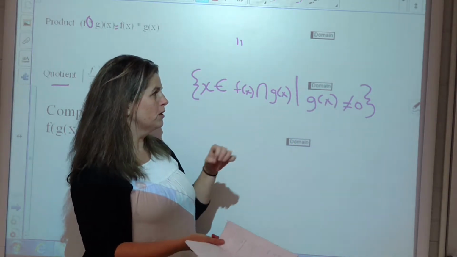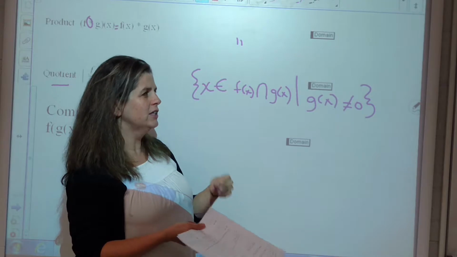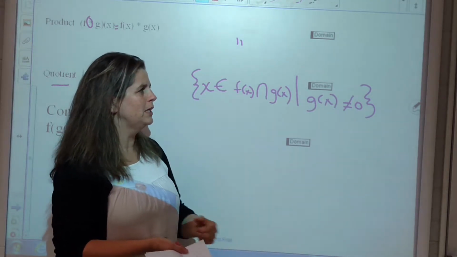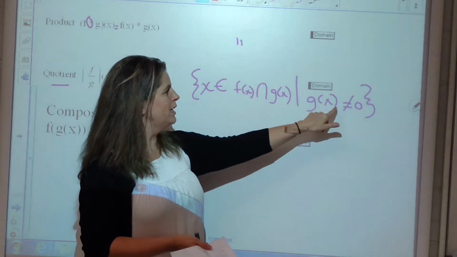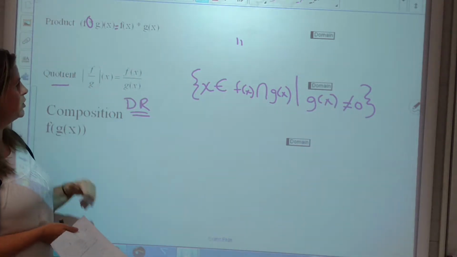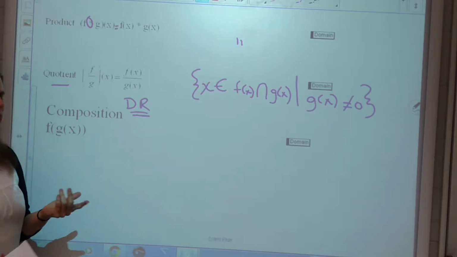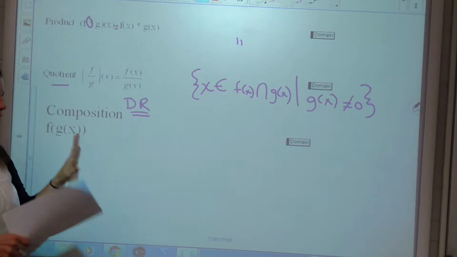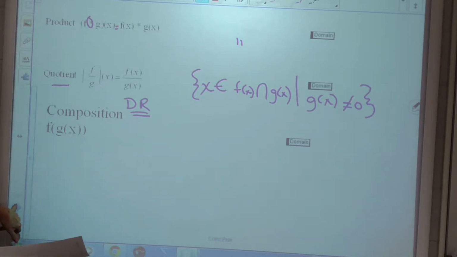Just because you're in f and g, you could not be an answer if it's any number that would make the bottom function equal 0. If you remember from Algebra 1, we call those domain restrictions. Again, some theory here, so don't get too stressed.